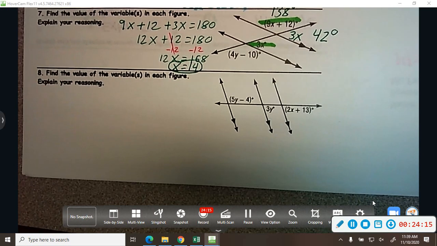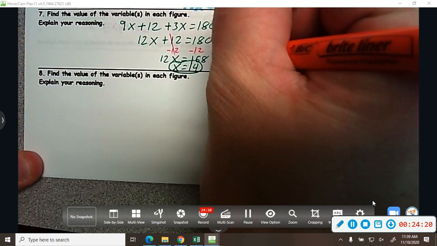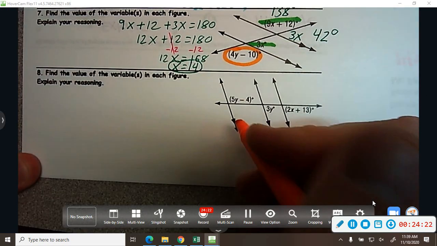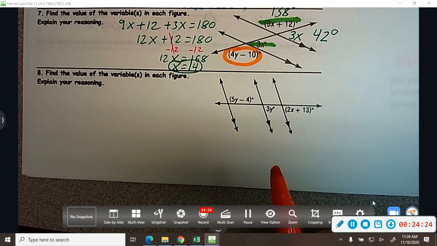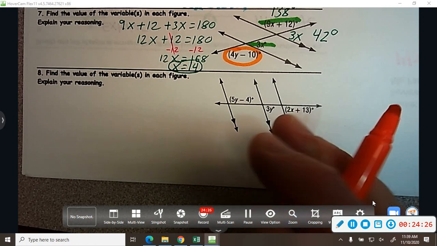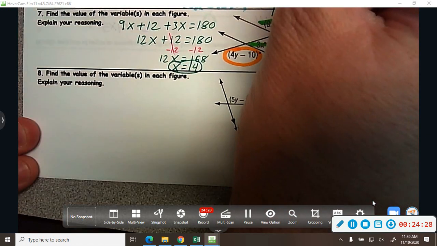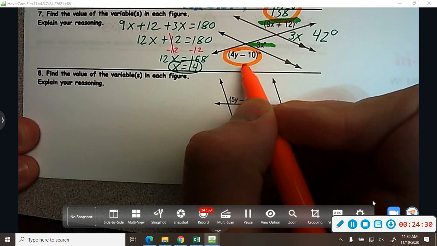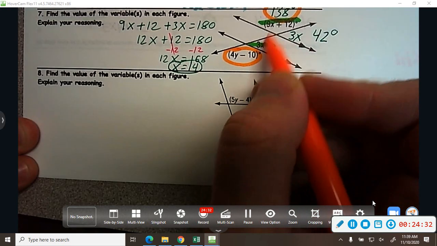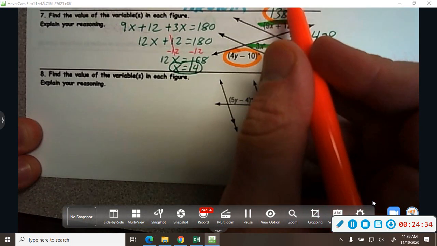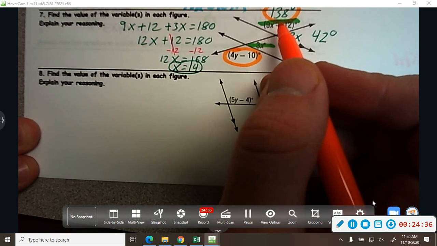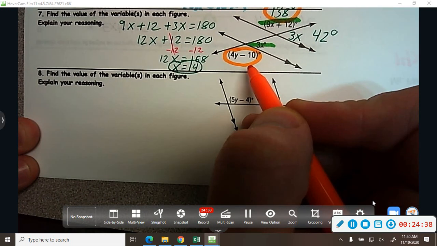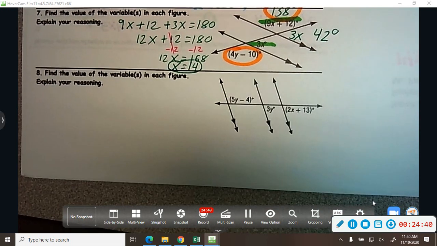Now I need to make an equation that involves y's. So I need to somehow relate this to anything I want. What I'm going to do is say that these two are what we call alternate exterior angles. And alternate exterior angles, if you look at the theorem, they are congruent. So I know 4y minus 10 equals 138.